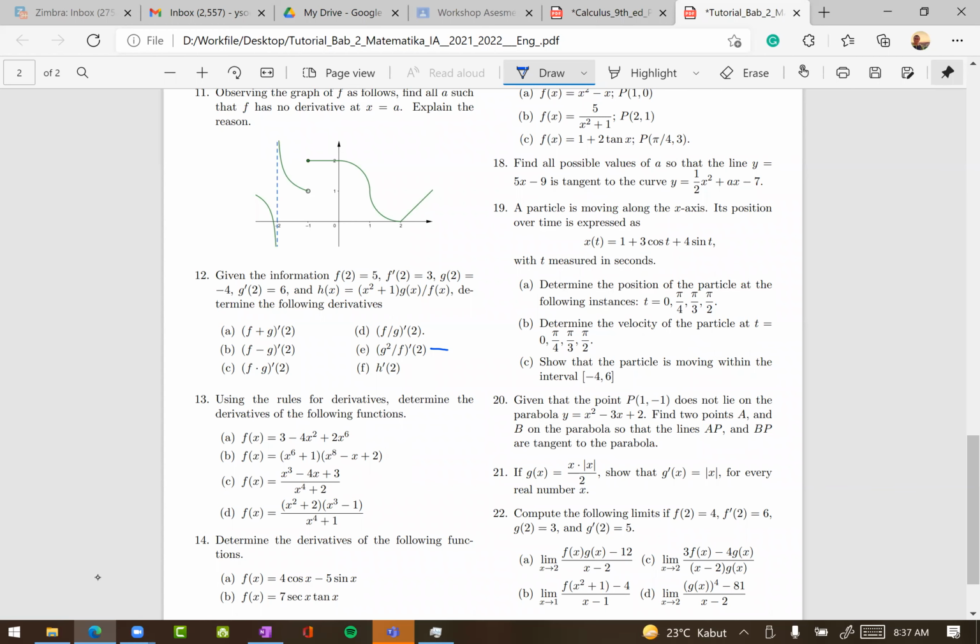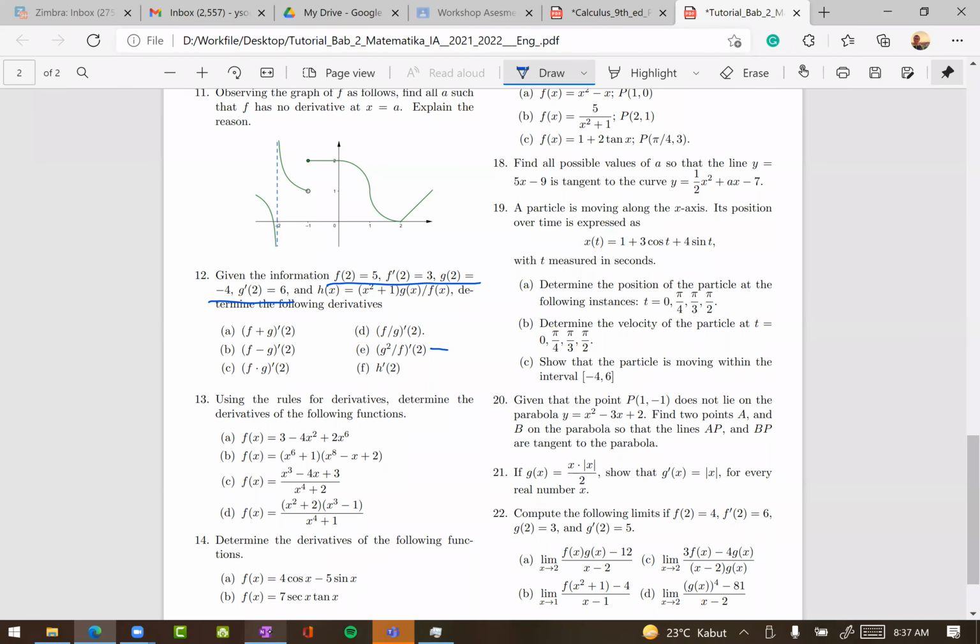What's the data? f of 2 is 5. Let me write this down here. f prime of 2 is 3. g of 2 is minus 4. g prime of 2 is 6.